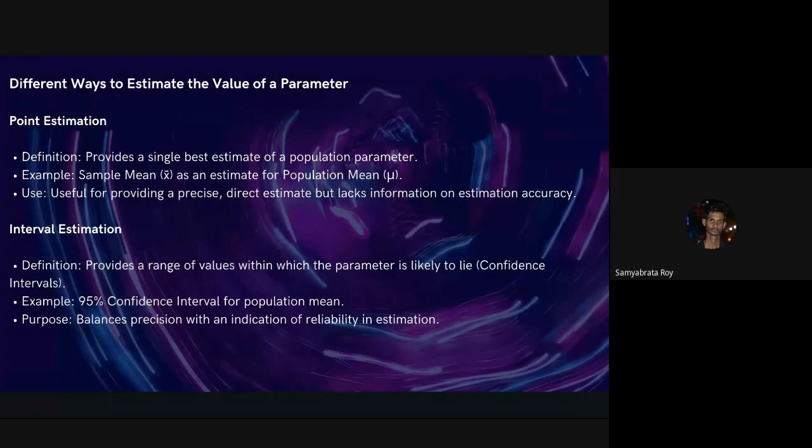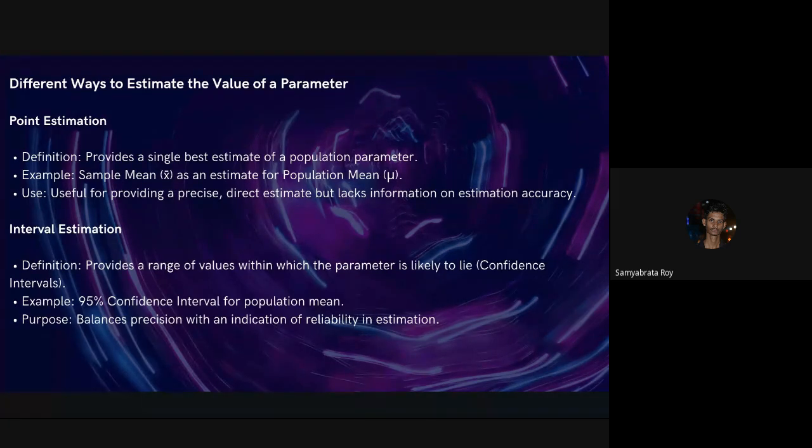But apart from that, anyone? What are the different ways to estimate the value of a parameter? So there are three ways. First one is point estimation. Second one is interval estimation, and third one is hypothesis testing.